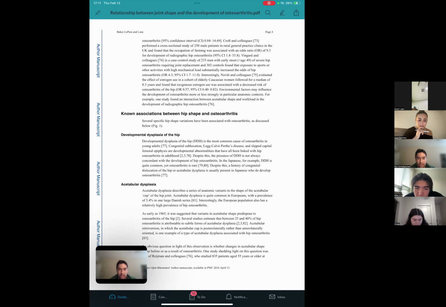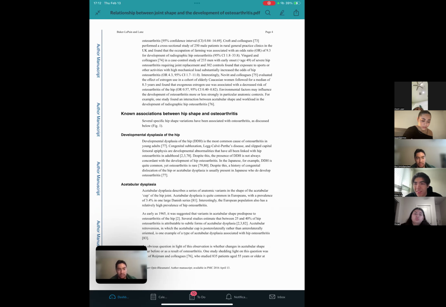Interestingly, Nevin and colleagues evaluated the effect of estrogen use in a cohort of elderly Caucasian women followed for a median of 8.3 years and found that exogenous estrogen use was associated with a decreased risk of osteoarthritis of the hip. Environmental factors may influence the development of osteoarthritis more or less strongly in particular anatomic contexts. For example, one study found an interaction between acetabular shape and workload in the development of radiographic hip osteoarthritis.